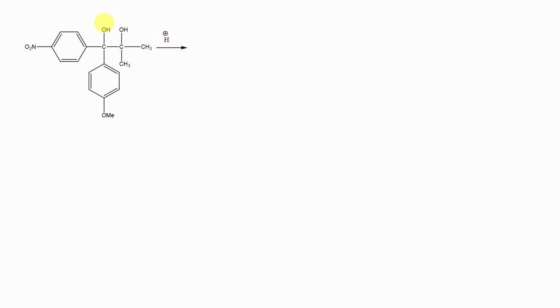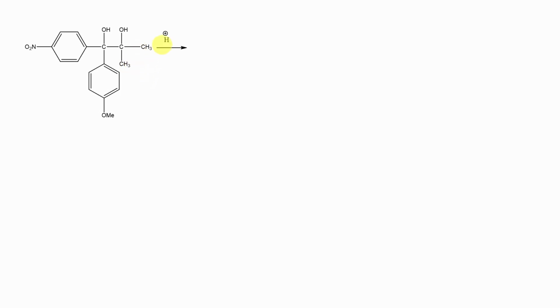When this hydroxy group is protonated, it leads to the formation of a carbocation having a phenyl group with para-nitro group, an electron withdrawing group. Whereas if this hydroxy group of this carbon atom is protonated, the carbocation formed will be stabilized by these two methyl groups having electron releasing plus inductive effect.